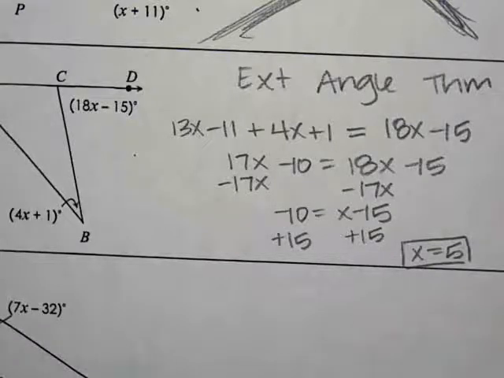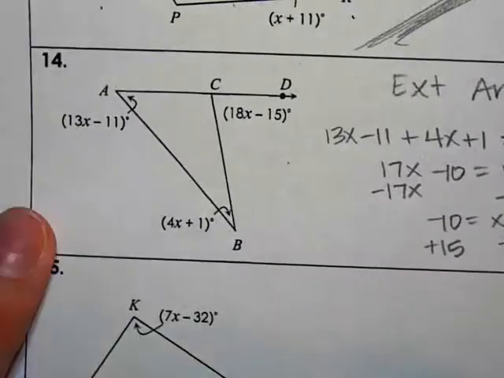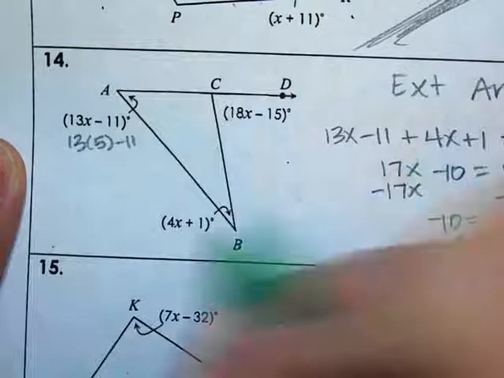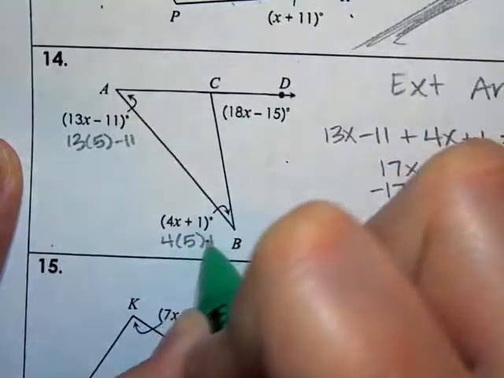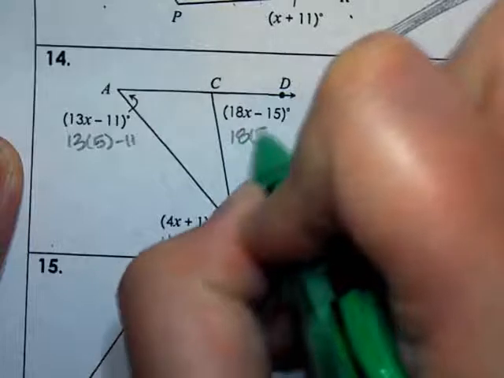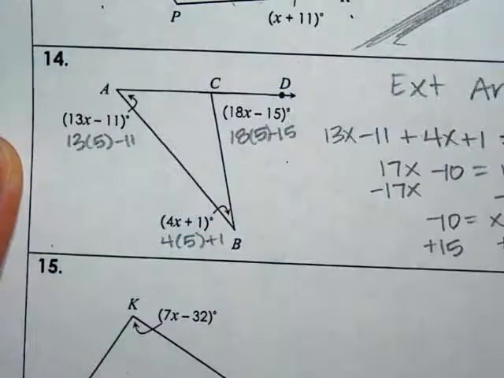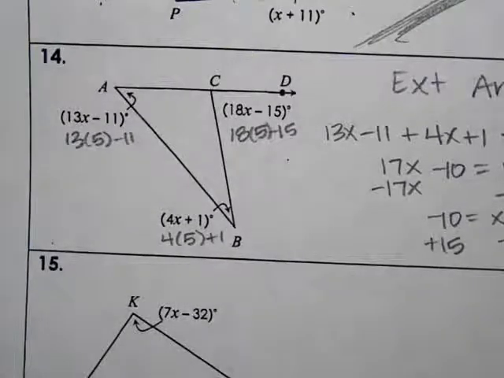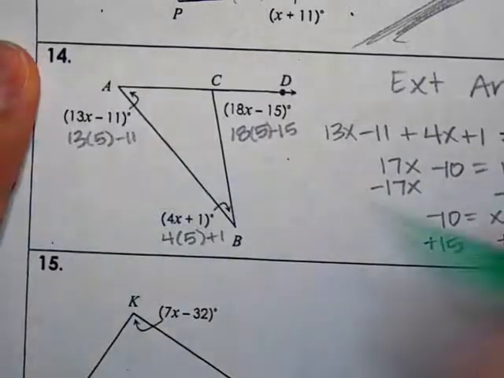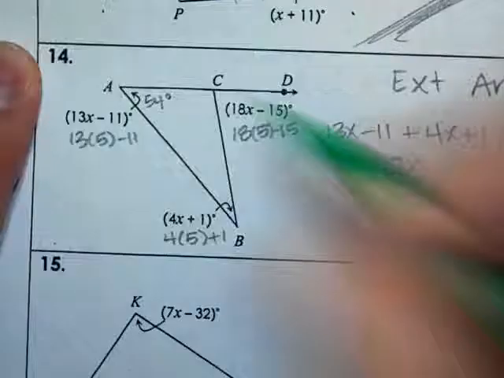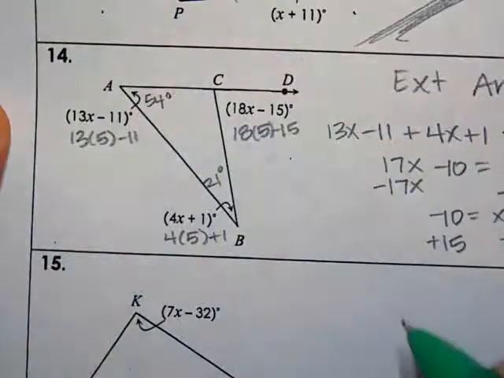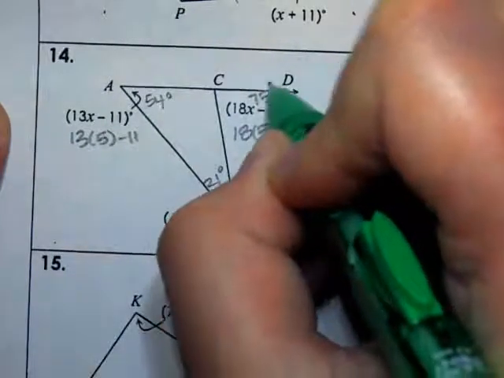Okay, 13 times 5 minus 11, 4 times 5 plus 1, 18 times 5 minus 15. All right, are those the angles you guys got?